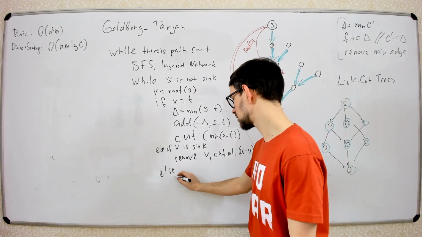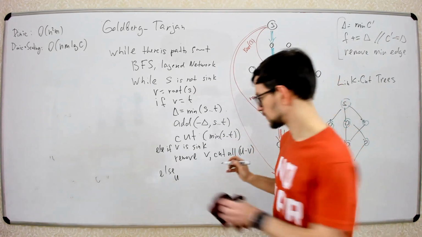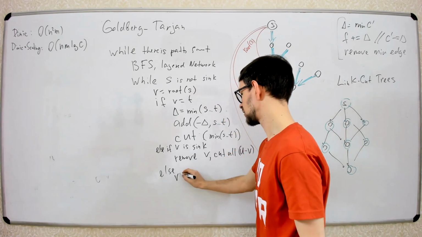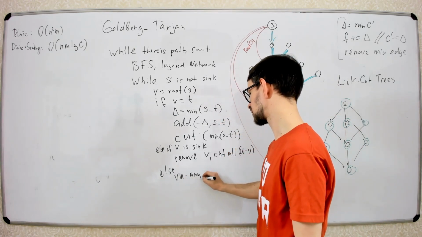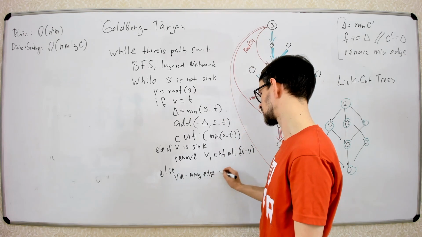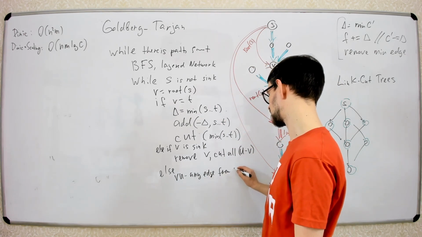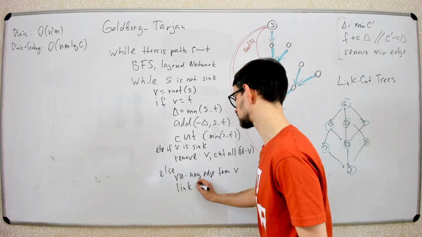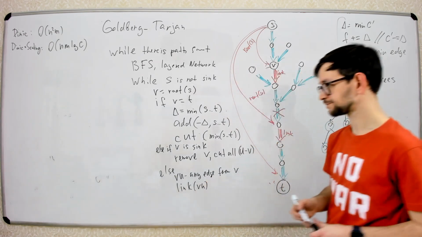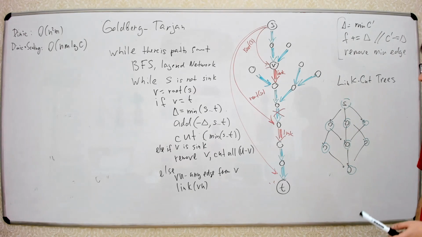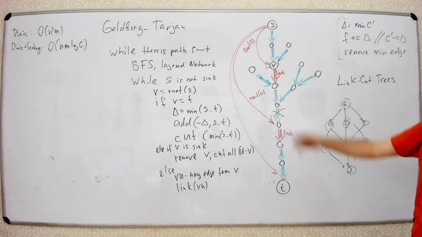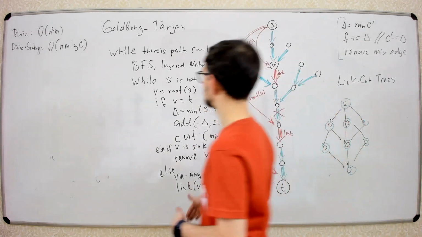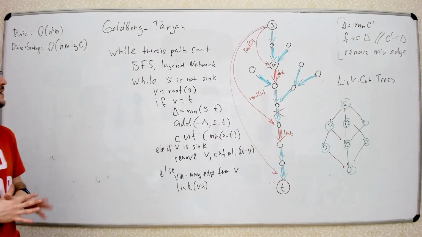So we take any edge (v, u) with any edge from V and make the link. Ta-da! That's basically the whole pseudocode of this Goldberg-Tarjan algorithm.